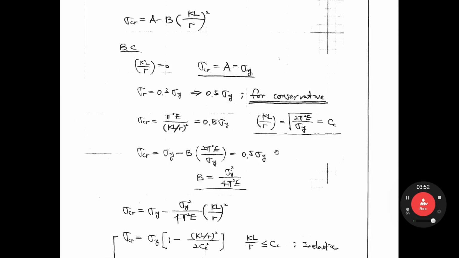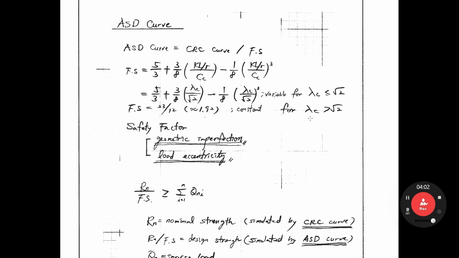So here, the safety factor is 23 over 12. It is almost 1.92, almost constant in the elastic range. If you input square root 2 here and calculate this term, it results in 23 over 12. Okay, it is the safety factor.